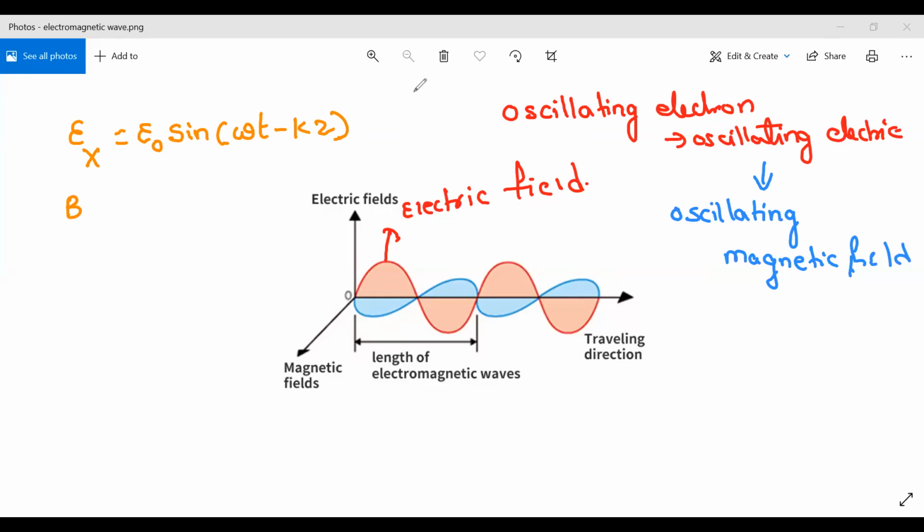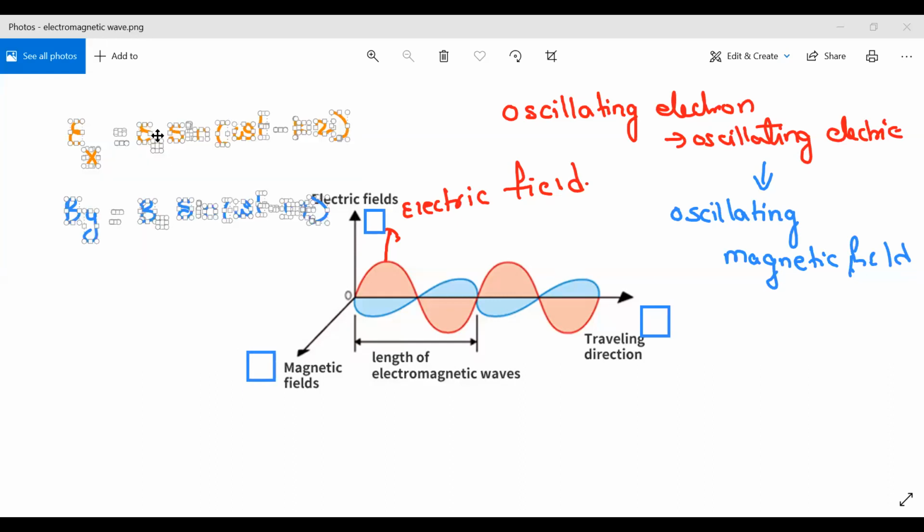By is equal to B naught into sine omega t minus kz. According to this, what is the traveling direction?